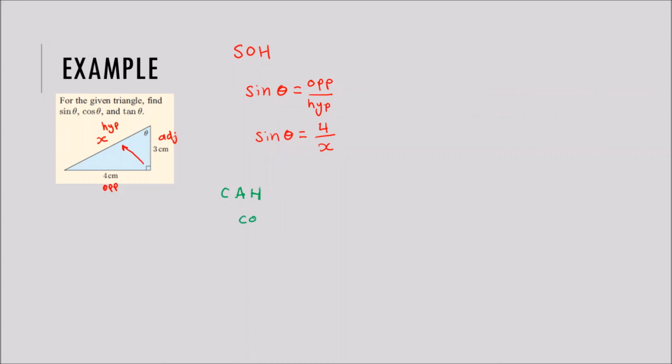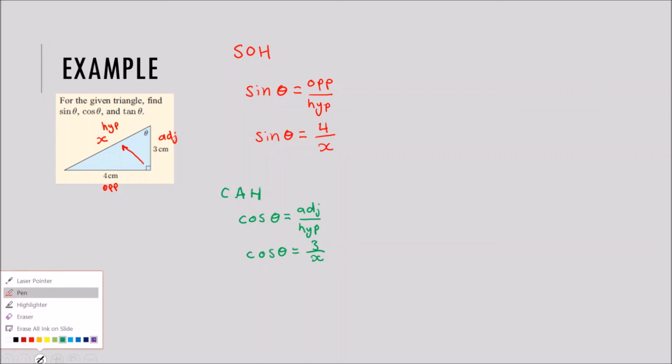I know I have cos theta is equal to my A, which is adjacent, all over my H, which is my hypotenuse, because it was my third letter. Then I can just put in the values I have for those things. So cos theta is equal to my adjacent, which was 3, and my hypotenuse was x. We didn't know what that was. Now we're done with cos theta as well.